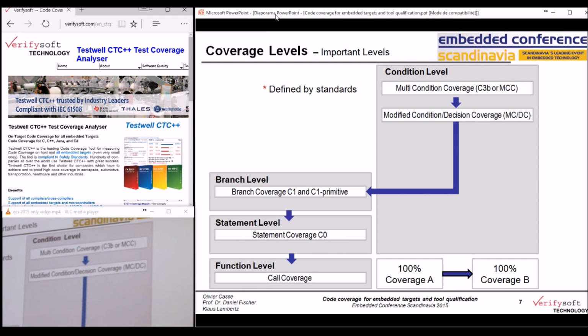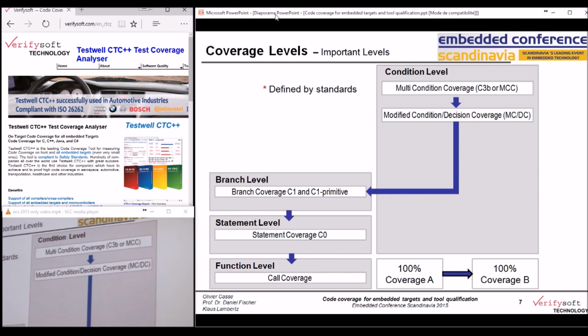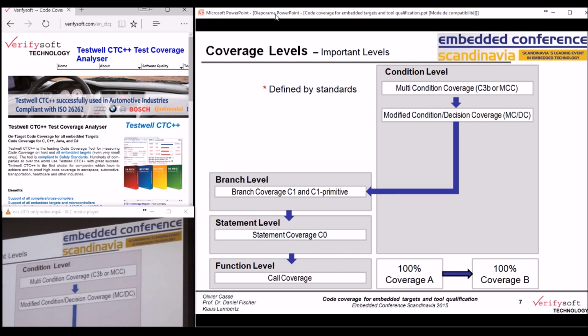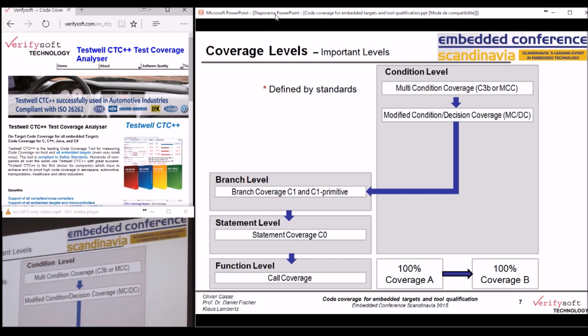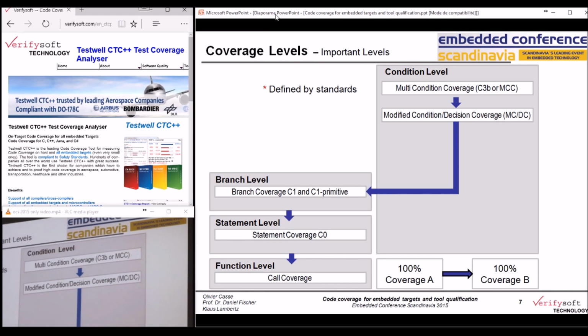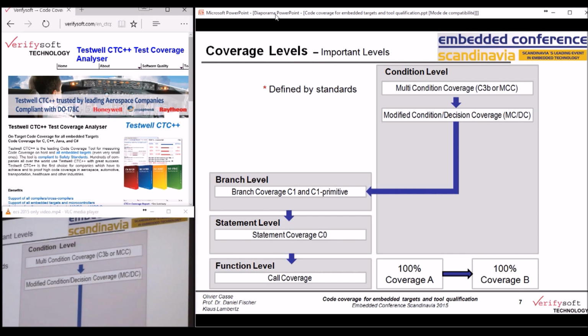And then for condition level, you will see that MCDC, or Modified Condition Decision Coverage, is quite famous because it's requested for the highest level of safety critical projects. And the multi-condition coverage is, let's say, the best possible level you could have, but quite complex to achieve in writing the test vectors.